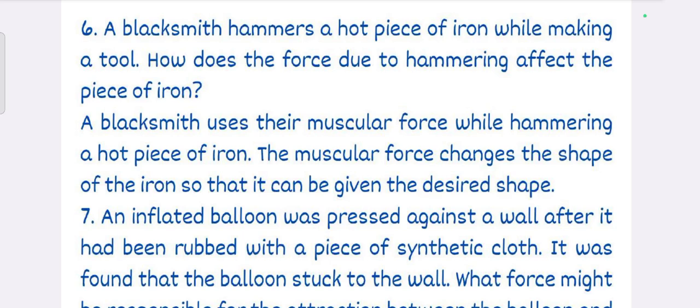Answer: a blacksmith uses their muscular force while hammering a hot piece of iron.